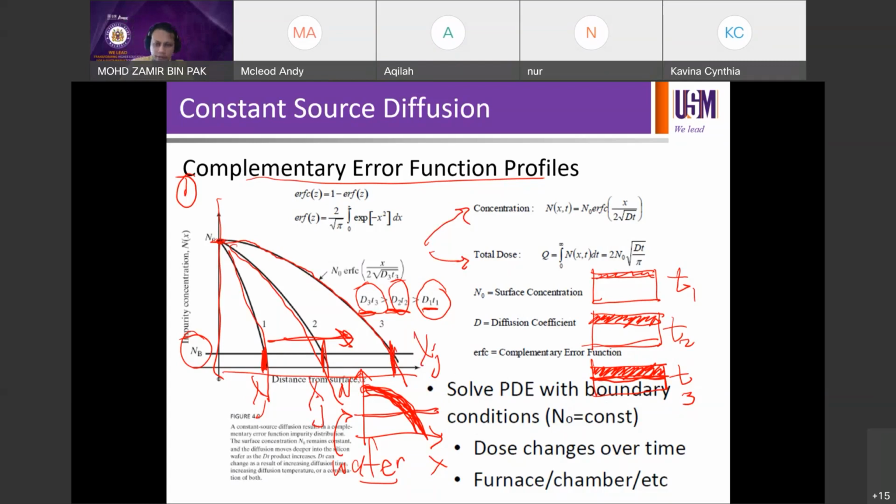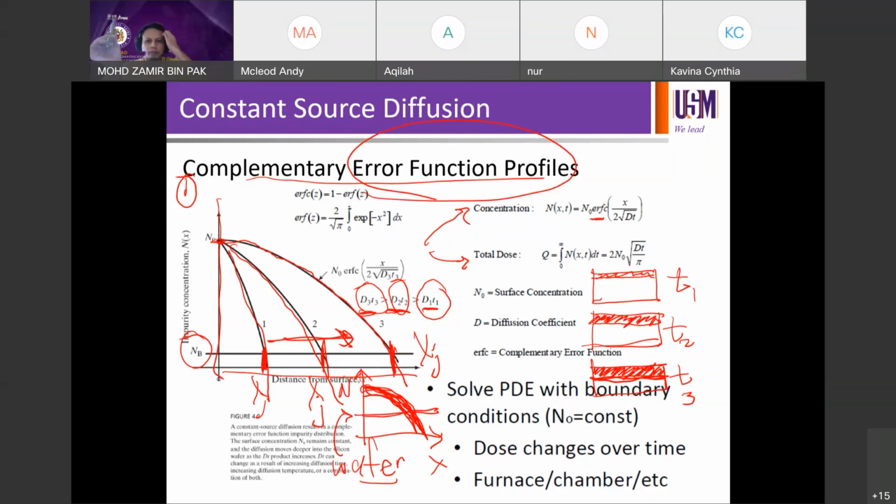Right, the concentration is given by Nx equals N0 erfc. ERFC is the error function because you use error function profile for this particular case. Okay, and then the argument of the error function is x, the depth, over 2 times square root of Dt, diffusivity times duration of the process. Okay, so that will give you the concentration of the dopant at any point on the profile, Nx.